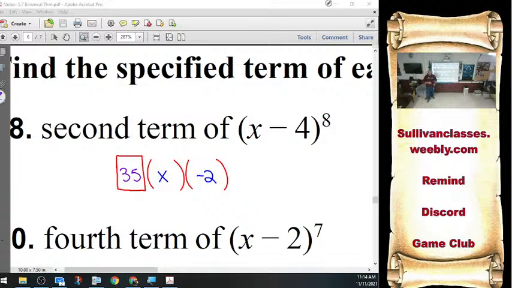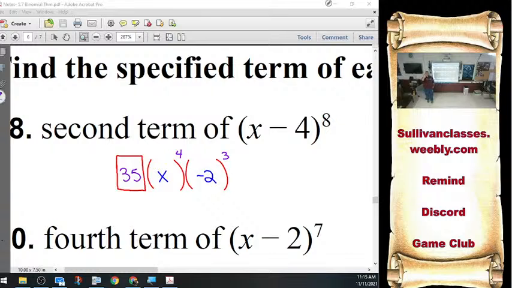If it's the fourth term, I'm going to start at thing to the 7th, thing to the 6th, thing to the 5th, thing to the 4th. What do I have to balance that out? That should also make sense because my second term starts at 0, then 1, then 2, then 3.